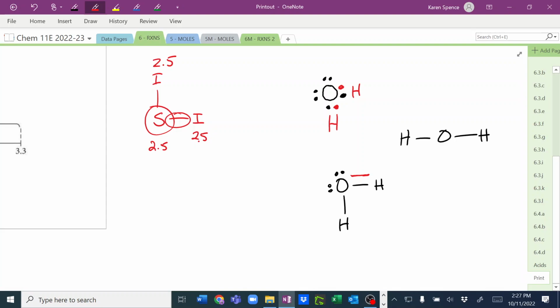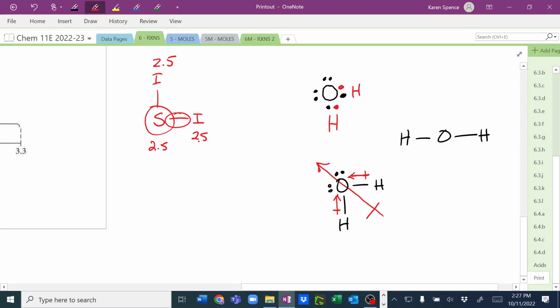Arrowhead goes towards the oxygen because oxygen is more electronegative. And then that goes there. Now, what about our other hydrogen and our oxygen? We draw another arrow. So if we look at this, everything's kind of pointing this way, yes?